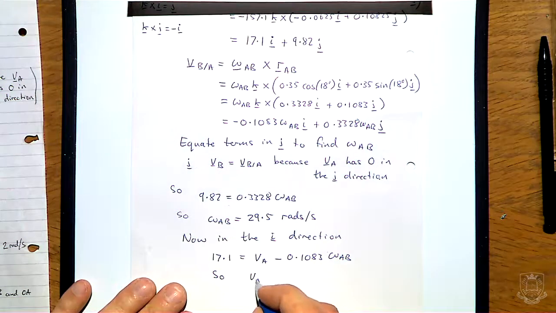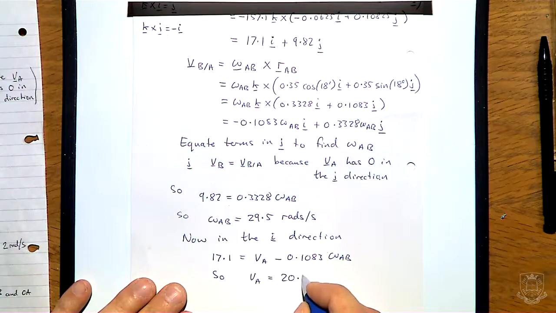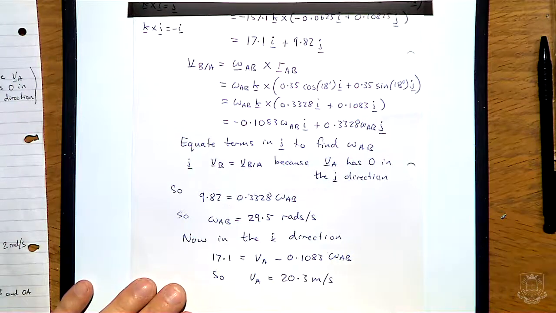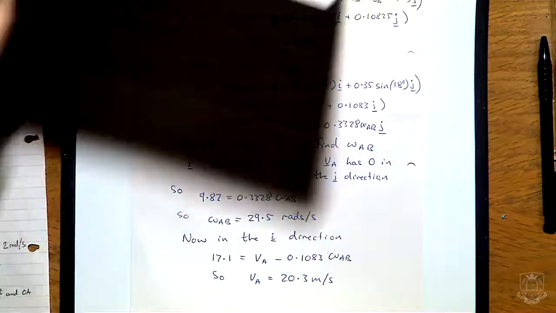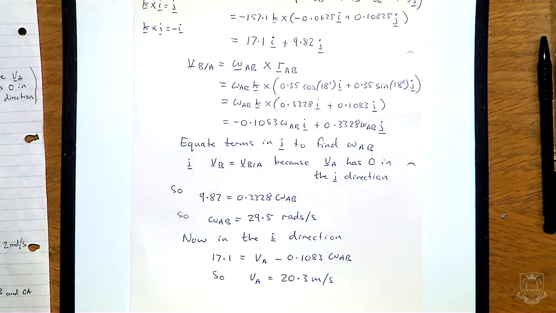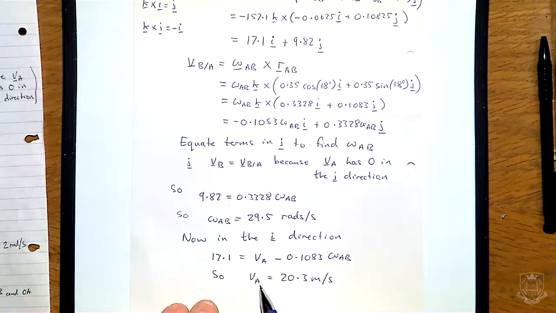So VA is equal to 20.3 meters per second. And here I've left off the underline because this velocity now is not the vector, it's just the component in the I direction, isn't it? So it's effectively a scalar, and that's what this tells me here, that it's 20.3 meters per second. Okay, so that's the solution we were asked to find.